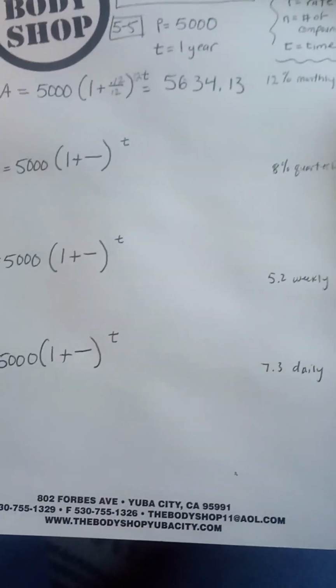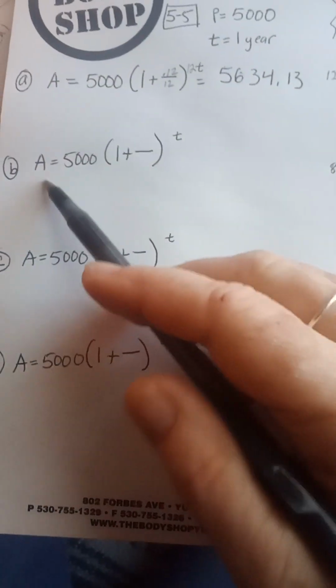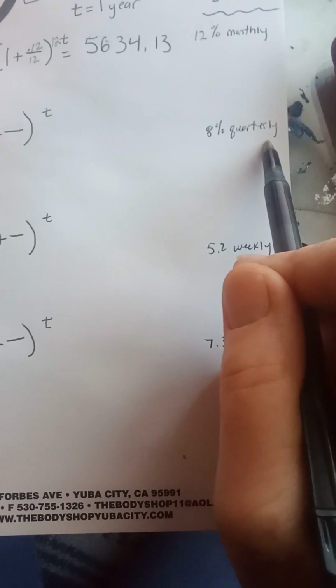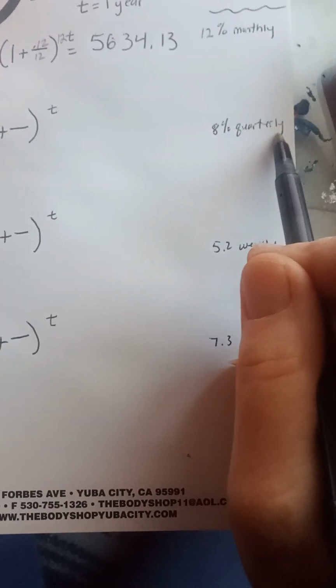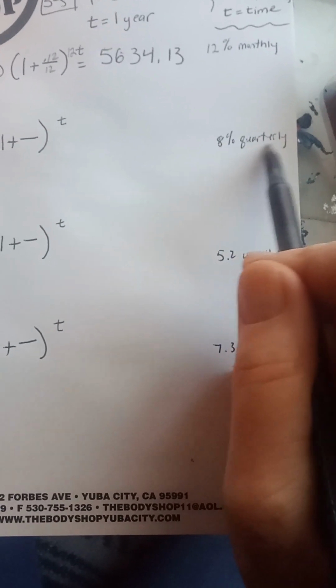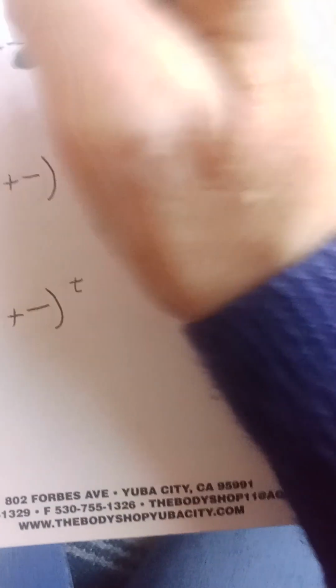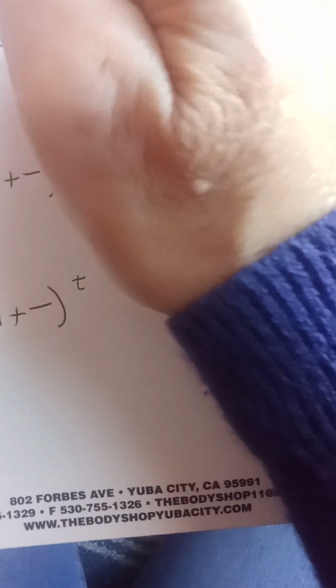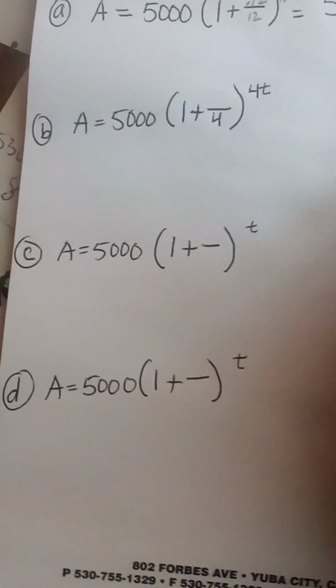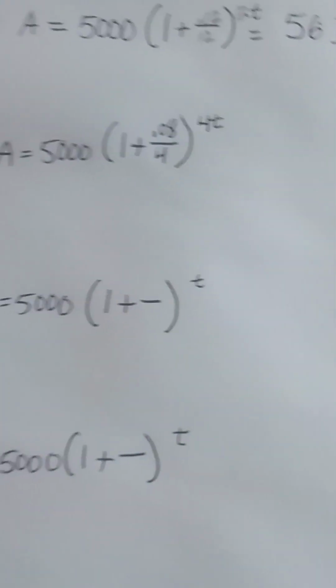On the second one, if it's 8% quarterly, that means that n is 4. So there's going to be a little 4 here and a little 4 here. And it was 8%, so that's 0.08. Then you just get that into your calculator.